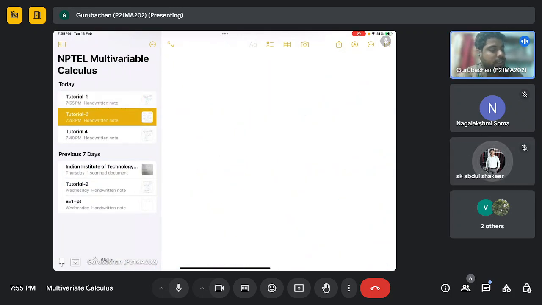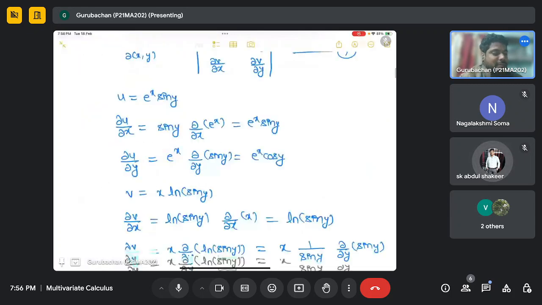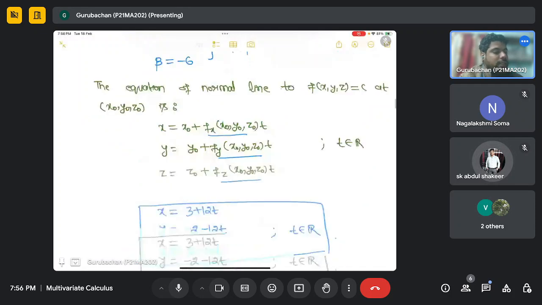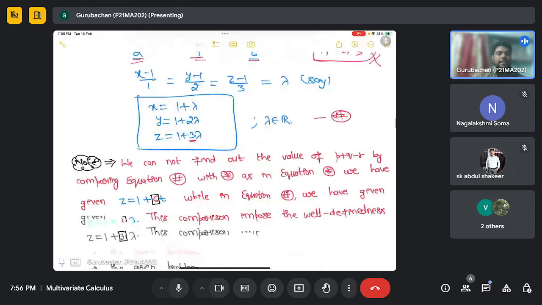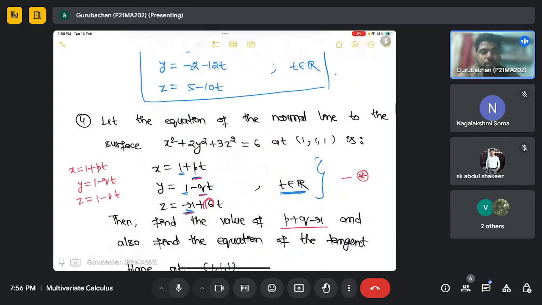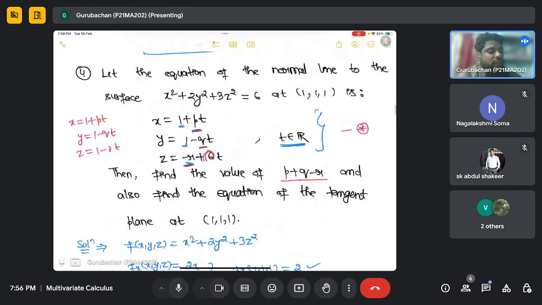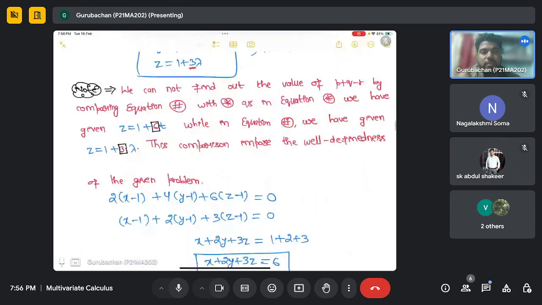In the last tutorial, there was a discussion about the well-definedness of this problem. That also I have updated in that PDF, and also with the help of this note. So I hope this will not create any confusion further.